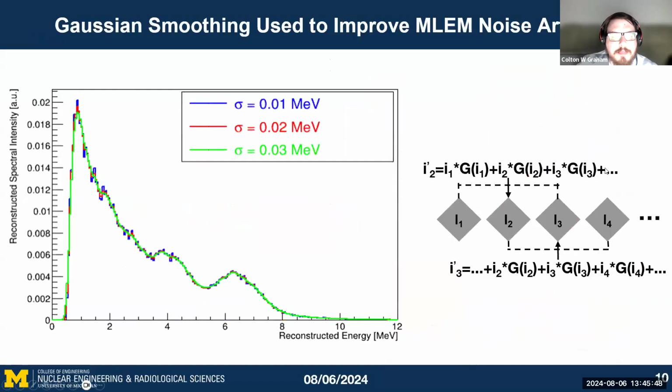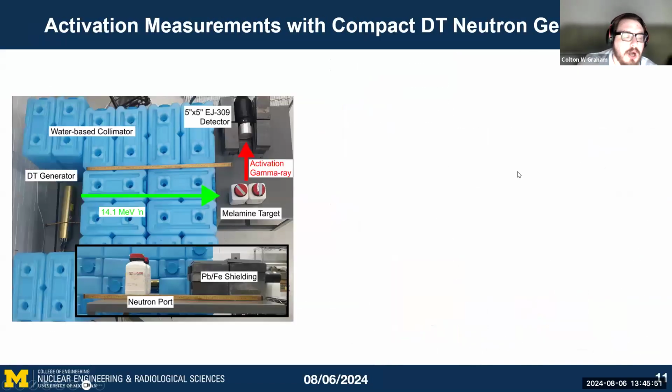Yeah, so obviously there's lots of options to collimate with here, and a lot of people have used lead and iron, as it's actually a really effective 14.1 MeV fast neutron shield. The problem with that is that it's a big pain to work with. This water-based collimator is relatively easy for us to just go pick up bricks and completely reconfigure this and remove it if we wanted to.